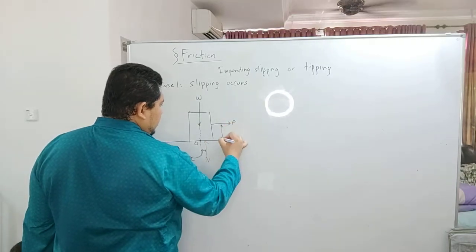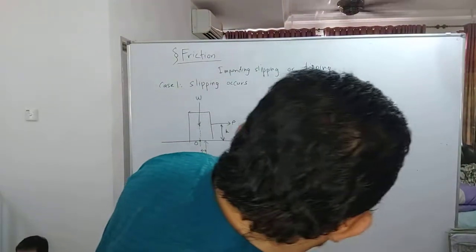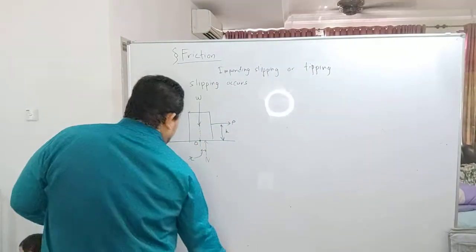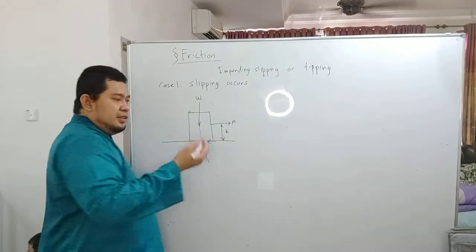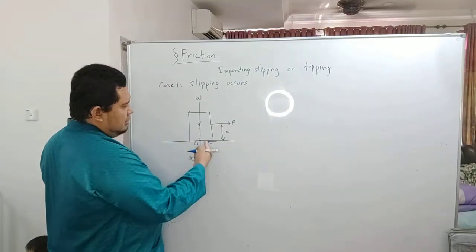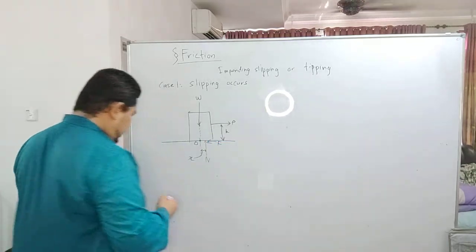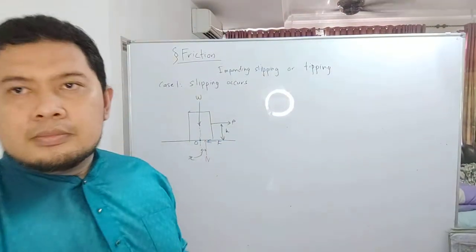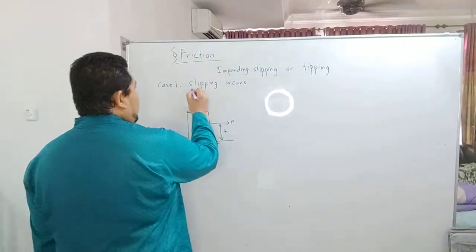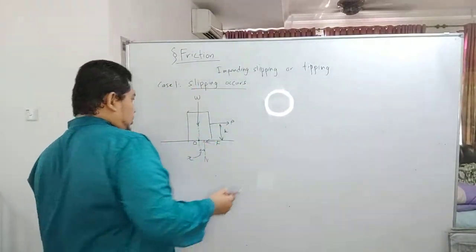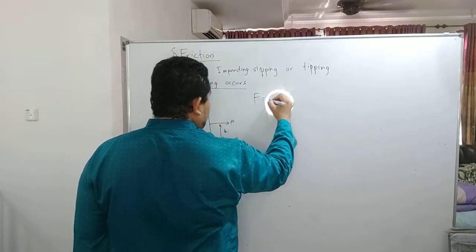Here you need to have the height H over here. Then you can have the friction force. The friction force needs to be on the surface, exactly on the contact surface, F.